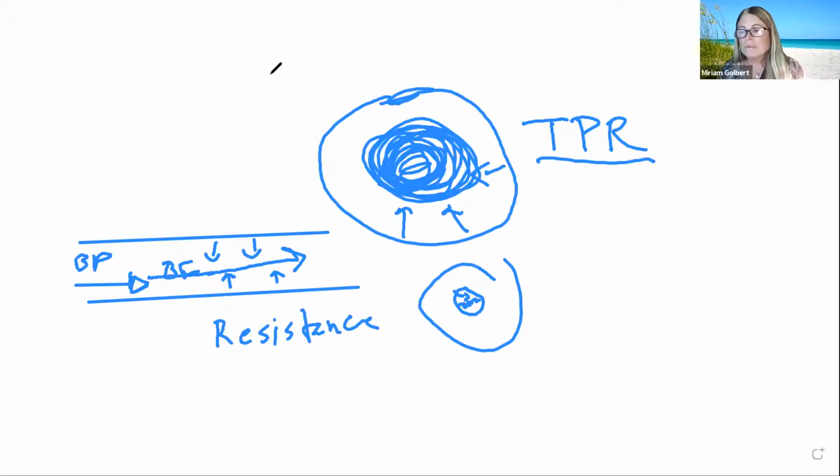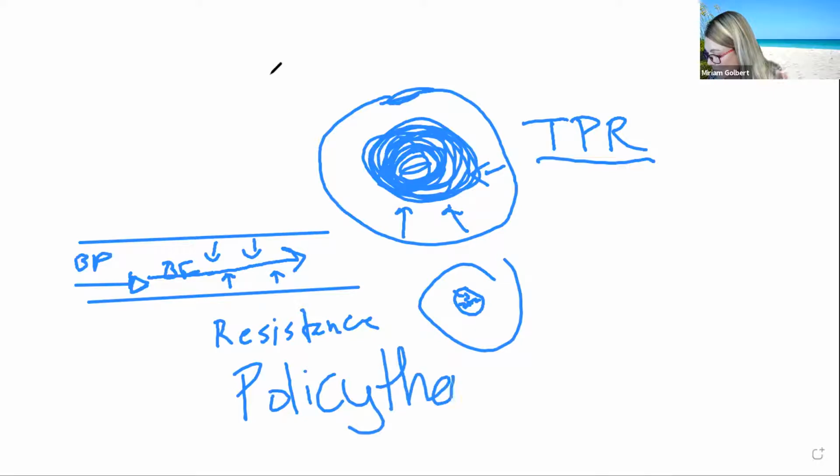The other thing with blood flow is the thickness of the blood. Some people have polycythemia, it's called, right? It is poly like that.